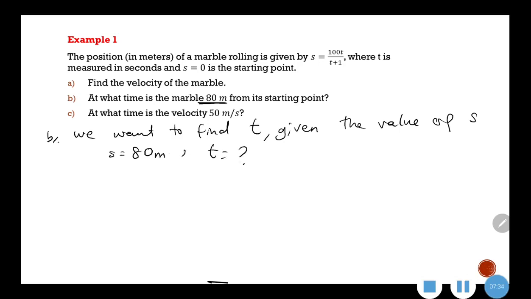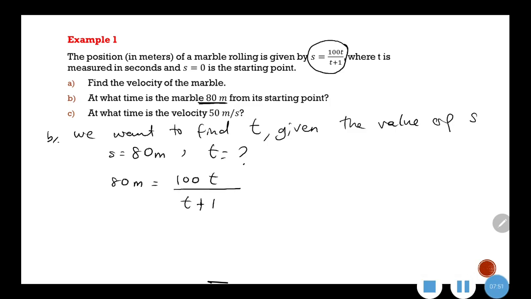When s is 80 meters, what is t? We have this equation provided by the question. This is just simple algebra.